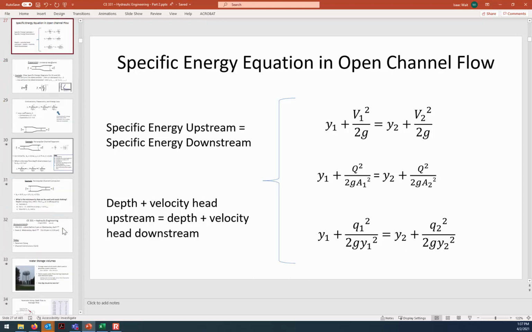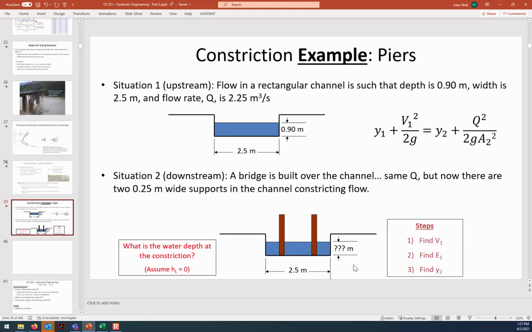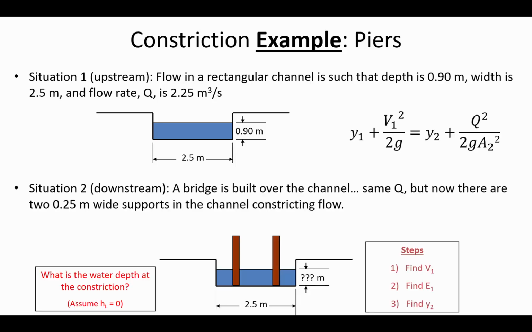All right, so in this example, we don't know the Y2, the downstream depth. We do know the flow rate Q. That's available. So the only unknown, once we find E1 on the left-hand side of the equation, on the right-hand side of the equation is going to be Y2.